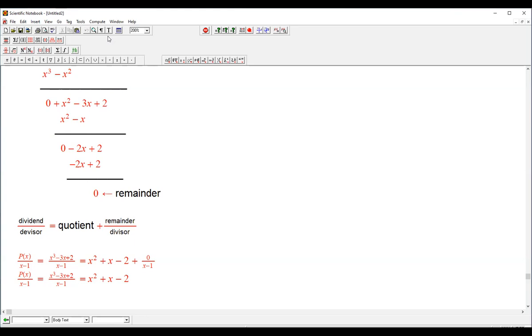Make sure you understand this form. It's a very important form. You're going to get to use this in calculus as well.